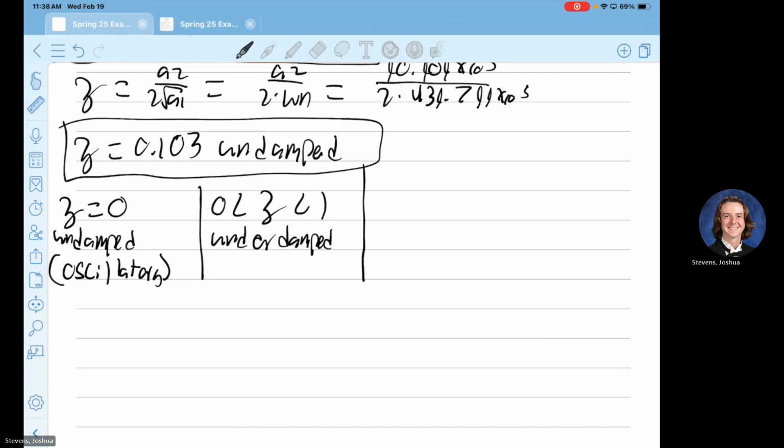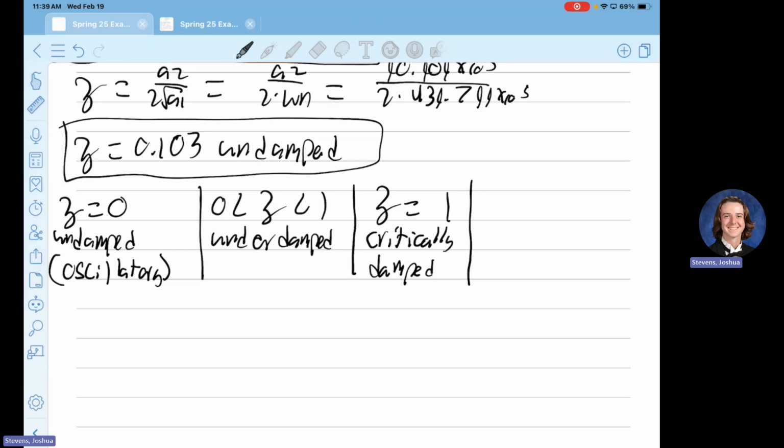Third, if zeta is equal to 1, it is critically damped. And the last scenario is when zeta is over 1: overdamped.